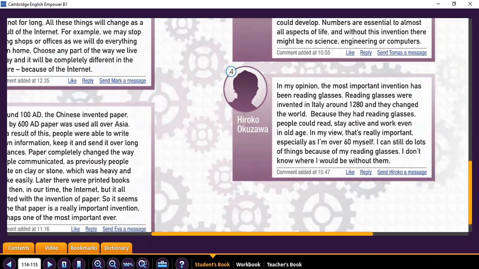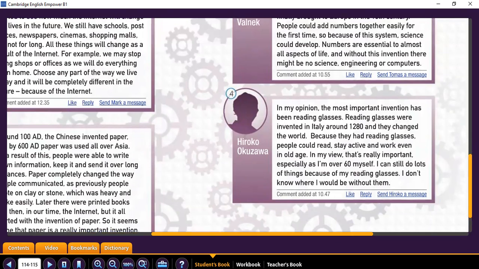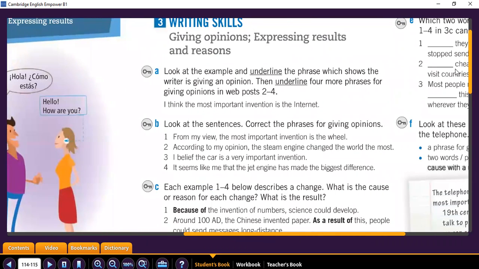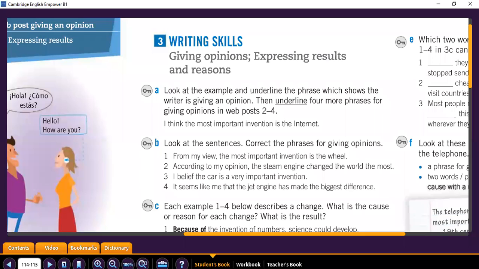Okay. So now that you have recognized these topics about inventions, here on the book you have some phrases you can use to give opinions, to express results, and give reasons. Recuerden que ustedes me decían as a result, como resultado.